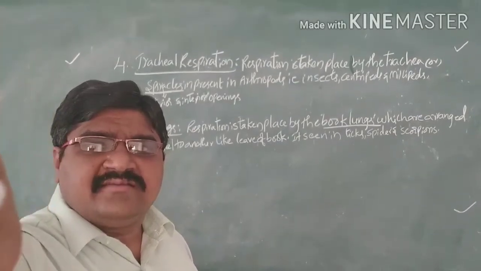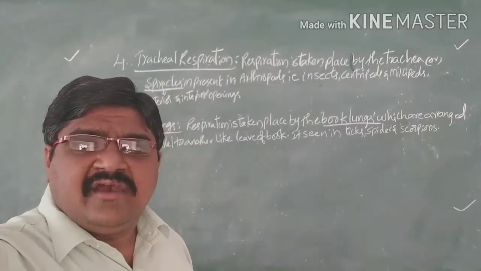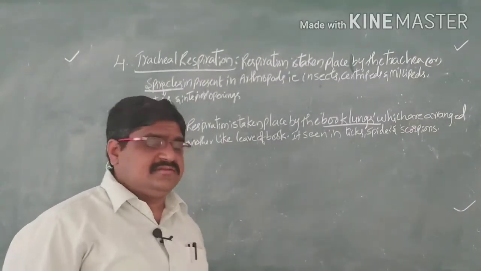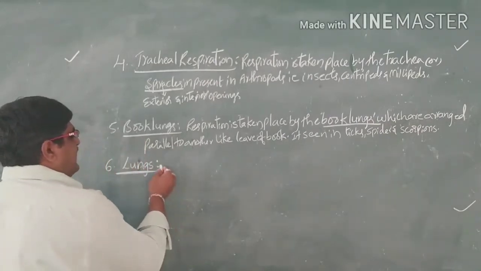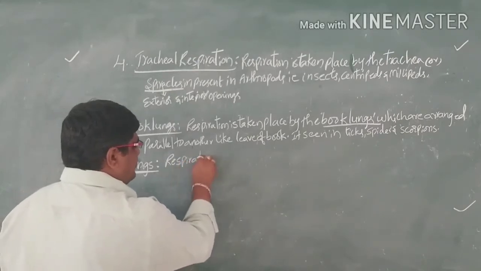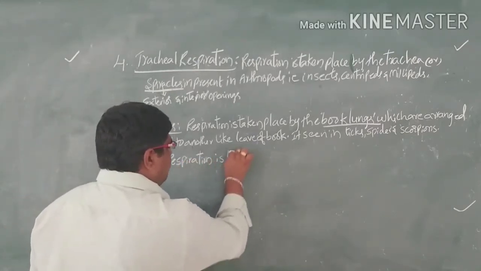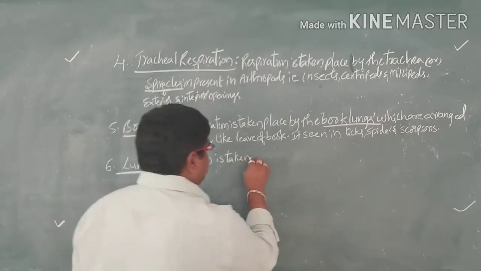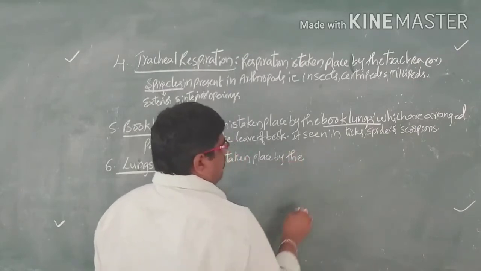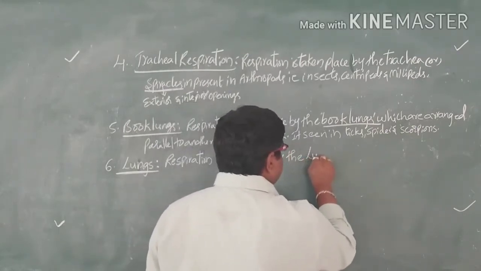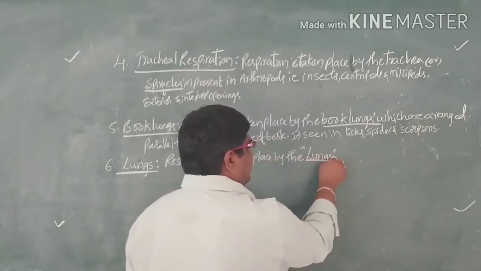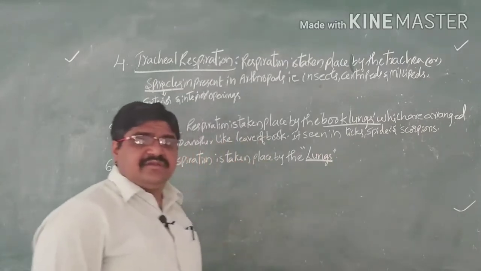Respiration is taken place by the lungs. So here the main respiratory organs are the lungs in all terrestrial vertebrates.